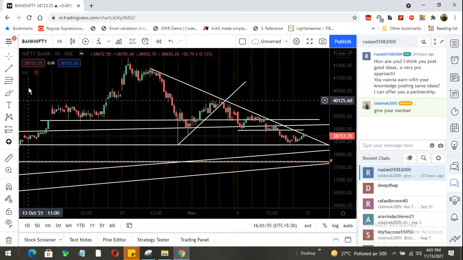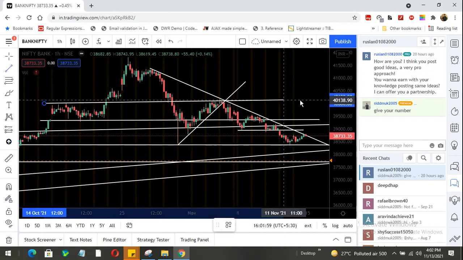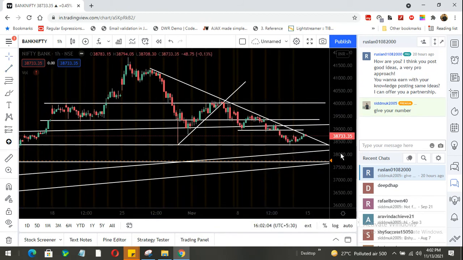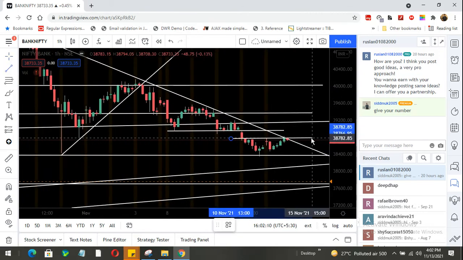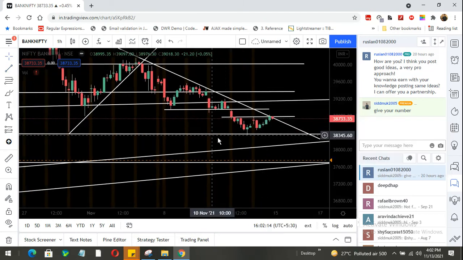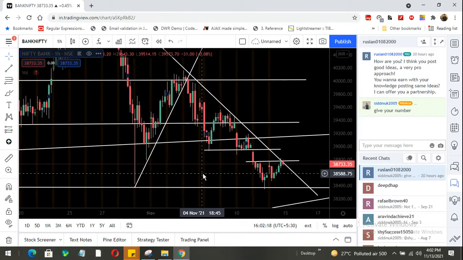This is another trend line area. Fine. This is another trend line area. So what I'm drawing here is support and resistance, drawing the support and resistance first.